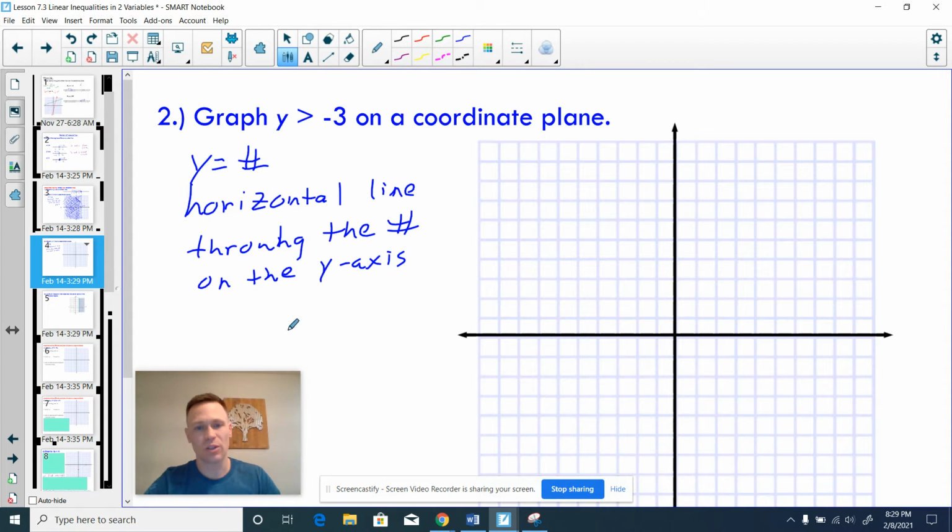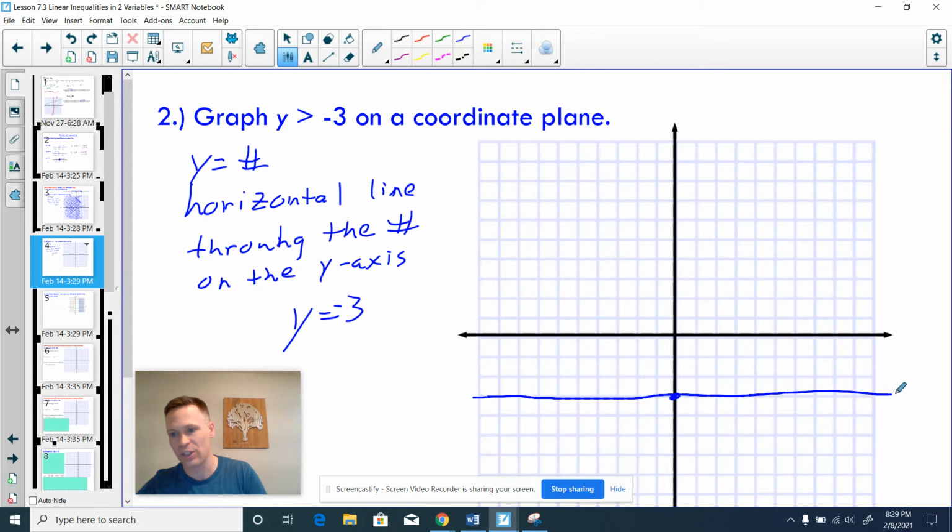Okay? So we're going to graph y equals negative 3. 1, 2, 3 is right here. And it's a horizontal line through that. Now, I'm telling you right now, initially what I'm graphing is somewhat incorrect, but I'm going to go back to that in a minute. Let's go back to what we're going to do for shading.